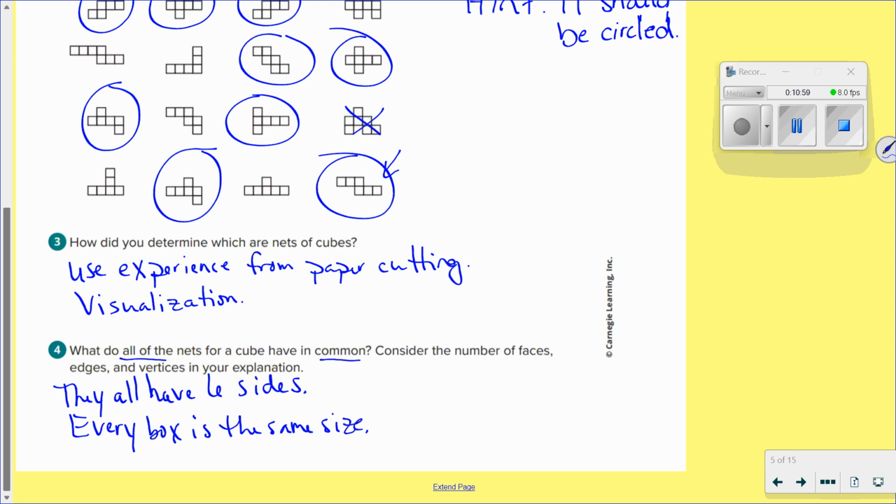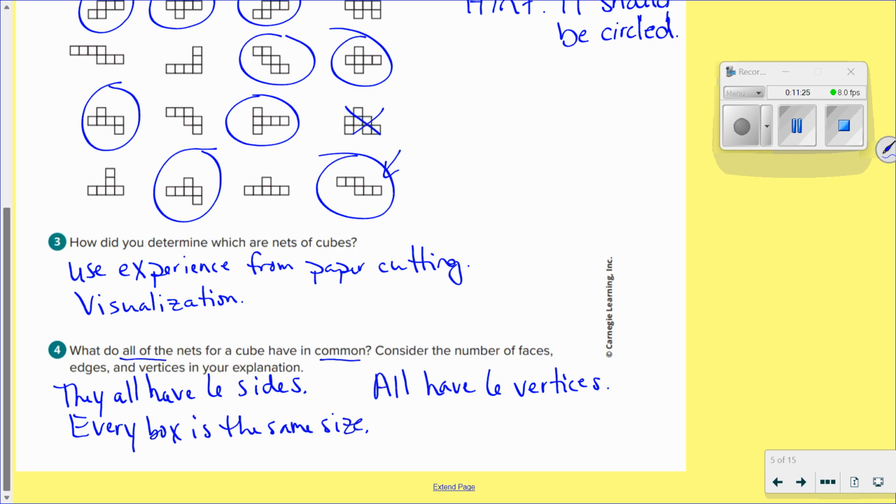When I fold them all up, how many vertices are they going to have? 6. Okay? And how many edges do all of them have? 6.